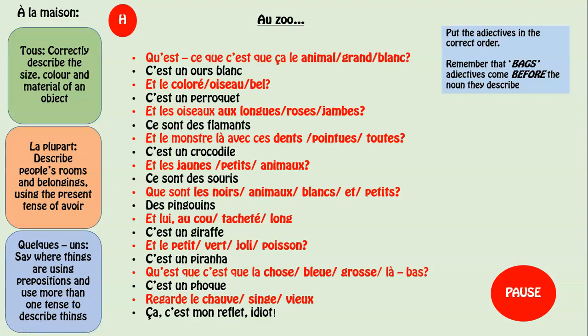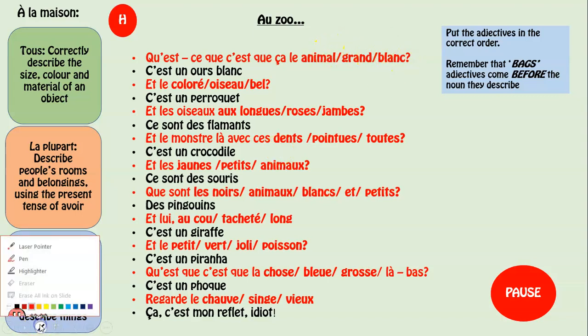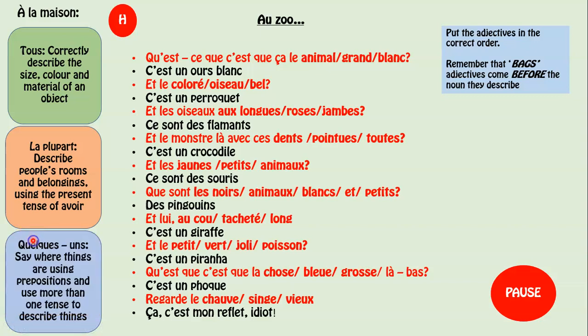You need to decide where they come. You need to put these in order. So it's a little conversation between Jean-Pierre and his uncle. Jean-Pierre has never been to the zoo before. If you read through the conversation and try and reorder the adjectives and put them in the correct order, and then have a look towards the bottom, when you get to the bottom you might find it quite amusing with the last question that he has.